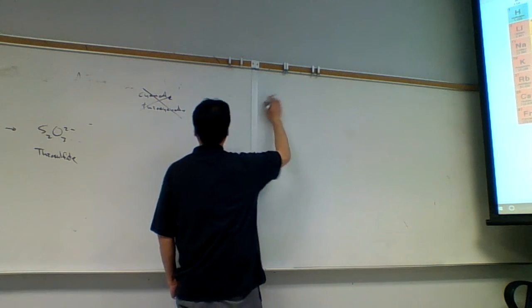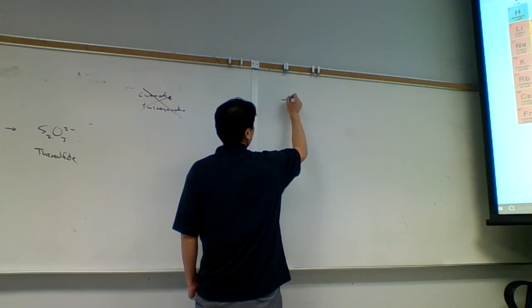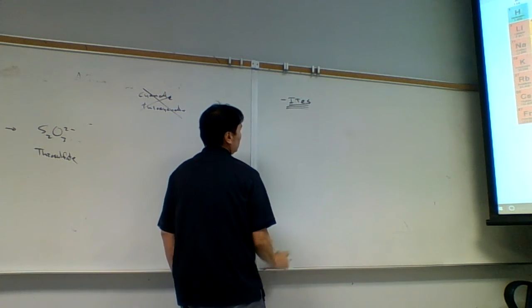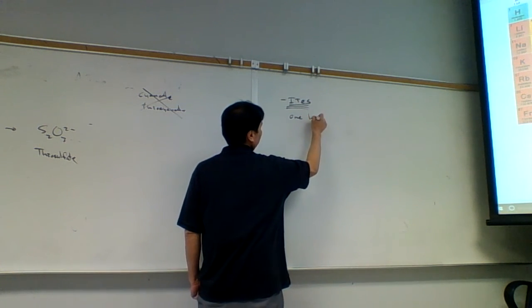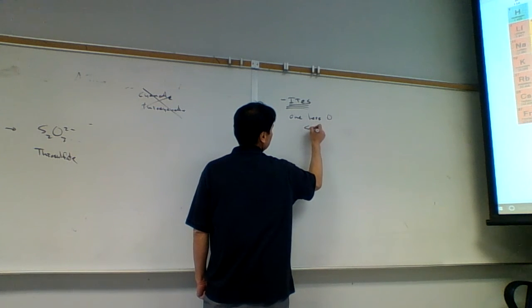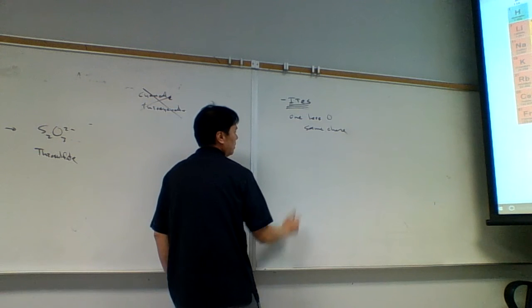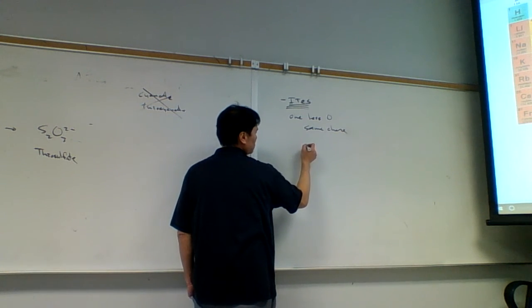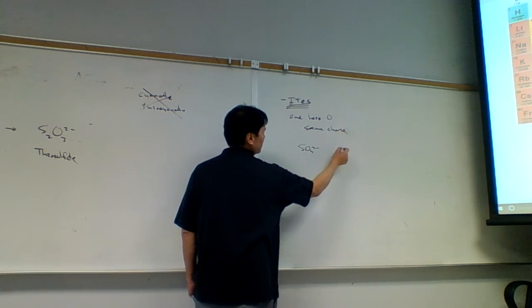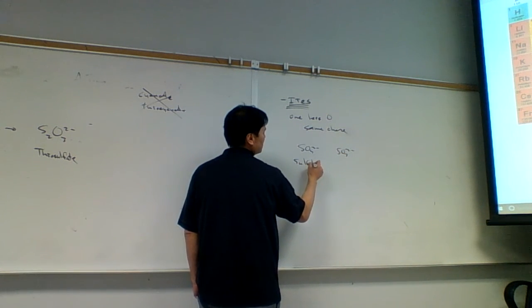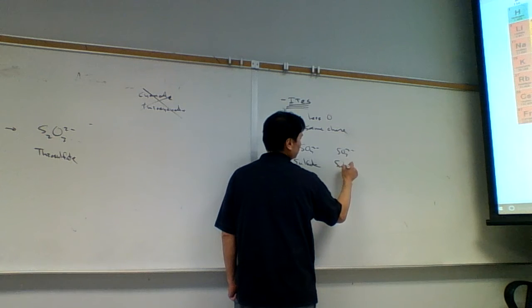All right, after the -ates, we have the -ites. The -ites have 1 less oxygen, same charge. So, sulfate is SO4, 2 minus. What is SO3, 2 minus? SO3 would be sulfite.